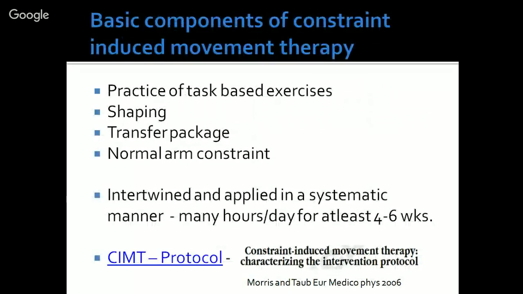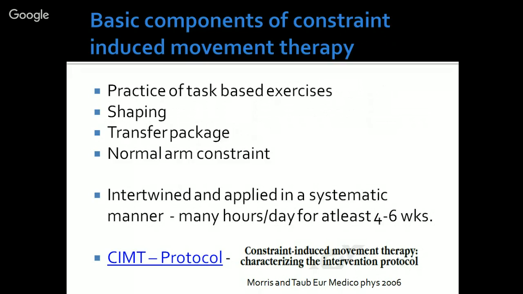Basic components of constraint-induced movement therapy include practice of task-based exercises, shaping, transfer package, and constraint of the normal arm. Practice of task-based exercises incorporates practice of functional activities which we perform, for example, eating, dressing, and other activities. And these are practiced both in the therapy session as well as at home.